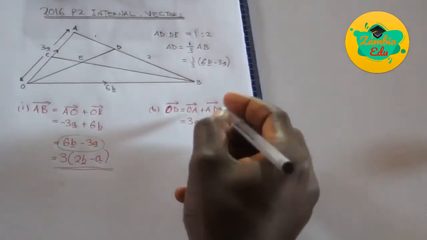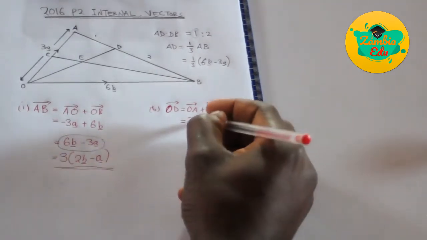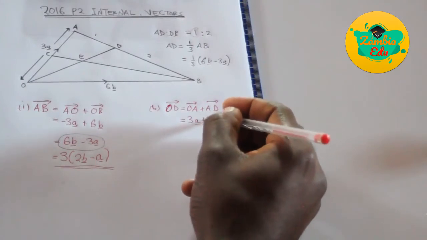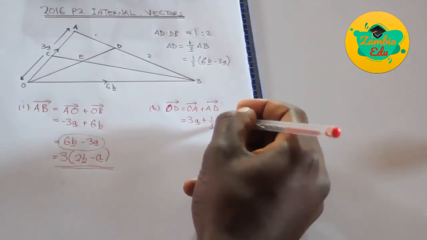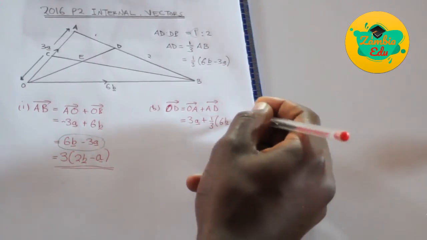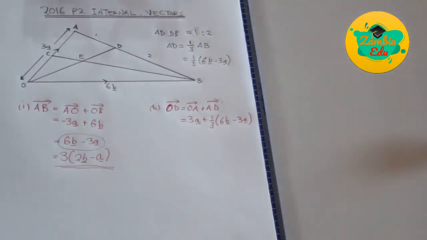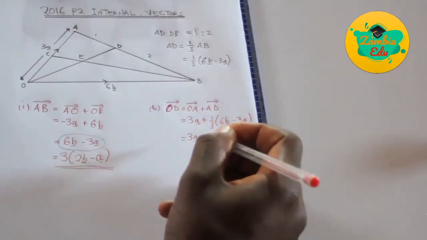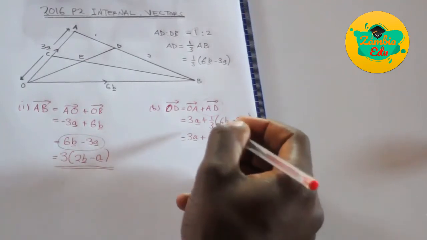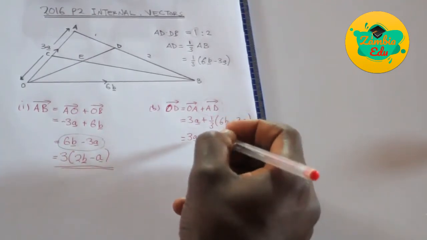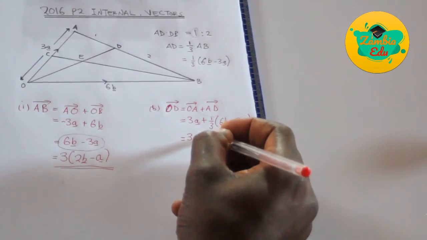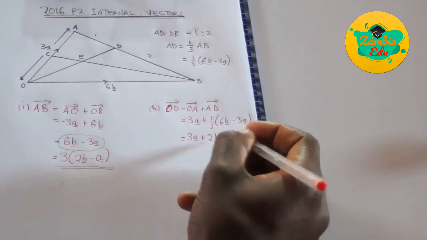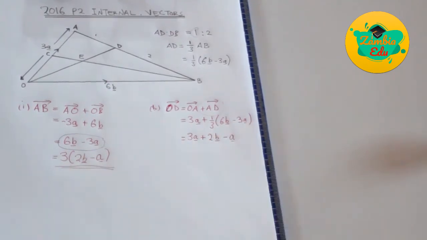So even as we come now to finish our calculations, we say OD is 3a plus 1/3 open bracket 6b minus 3a close bracket, which is equal to 3a plus 1/3 times 6b is 2b, minus 1/3 times 3a is a.